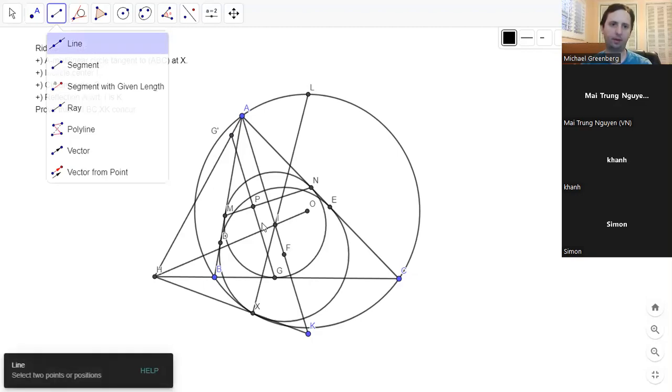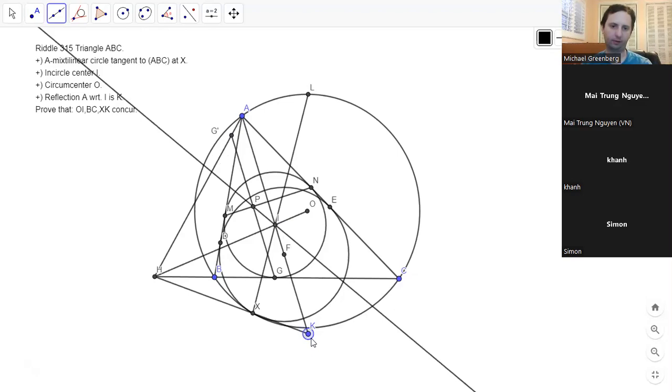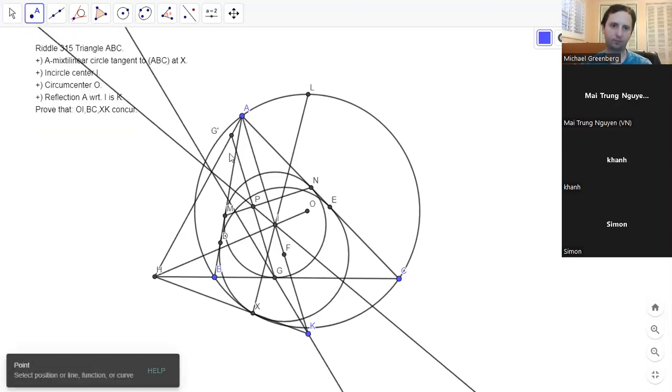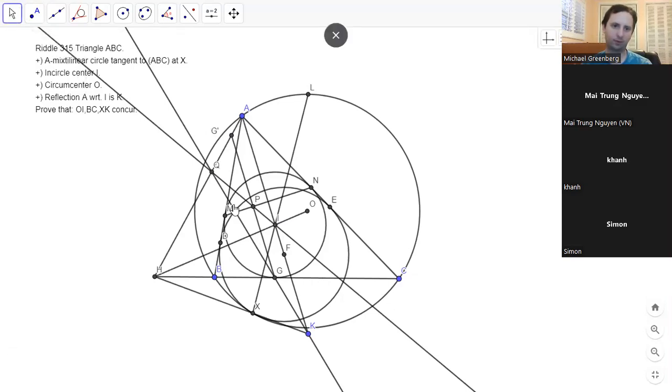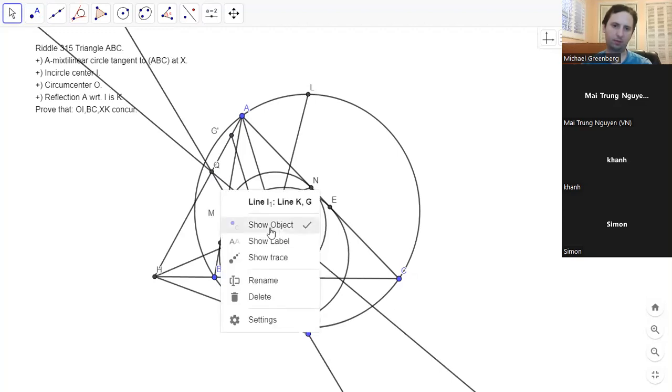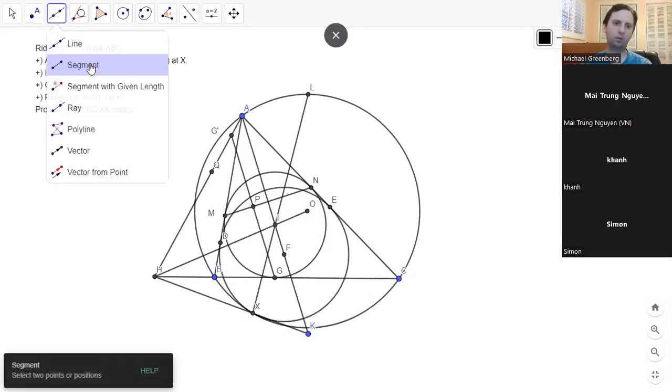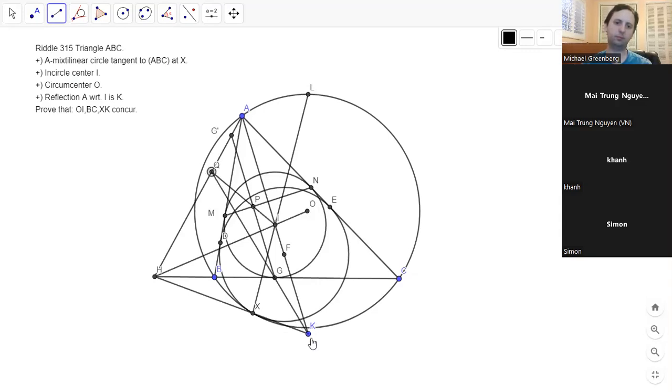So that means that IP, I don't know how useful this would be, but these should be collinear. Okay.